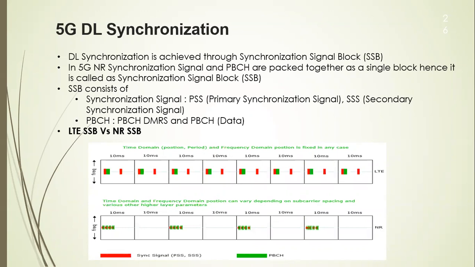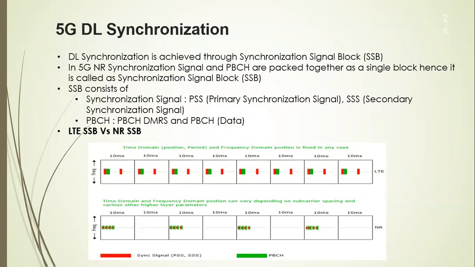And one more difference is in case of 5G, along with PBCH, we have PBCH DMRS reference signals. PBCH DMRS reference signals are reference signals basically for the UEs or the devices to measure the signal strength of the physical broadcast channel. There is a specific reason why they introduced these reference signals even when broadcast information is being transmitted.